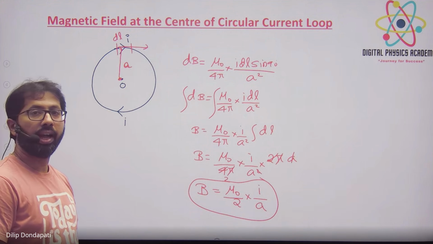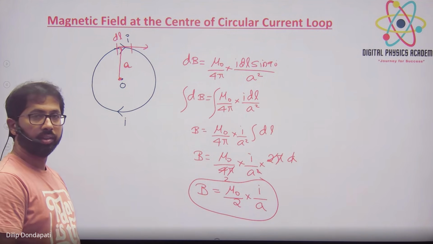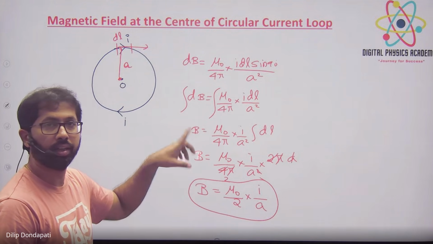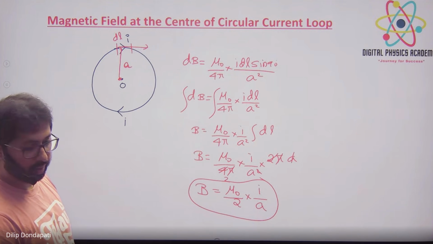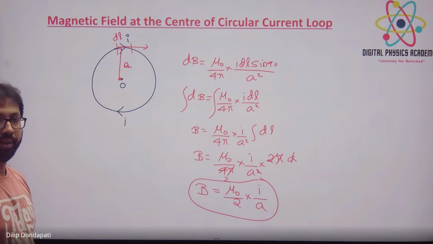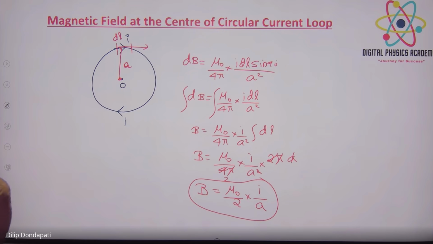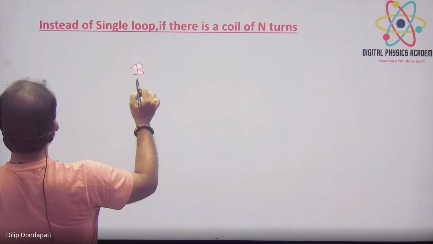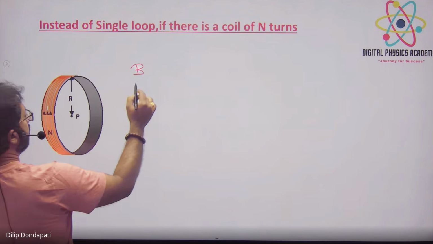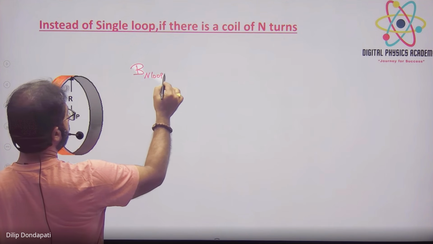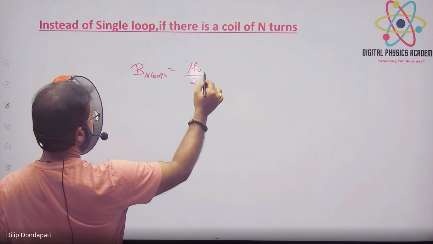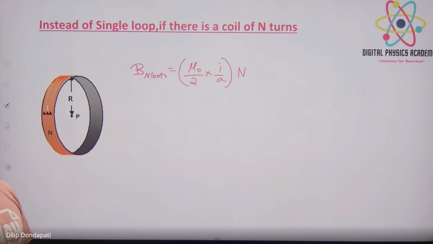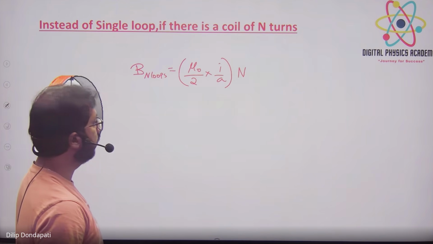If there are n turns, we should add the magnetic field of all of them. So if there are n turns in the wire, the formula is mu naught by 2 into I by a times n, the number of turns. Sometimes they'll give the number of turns.